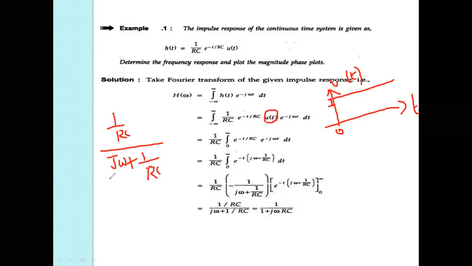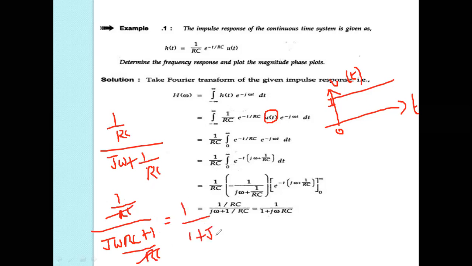Okay, my dear students. Now cross multiply here: 1 by RC whole divided by j omega RC plus 1 by RC. So RC gets cancelled. Finally, it becomes 1 by 1 plus j omega RC, the final equation.